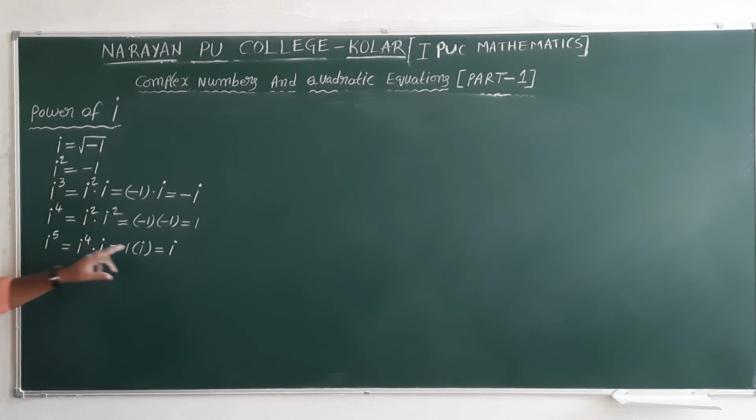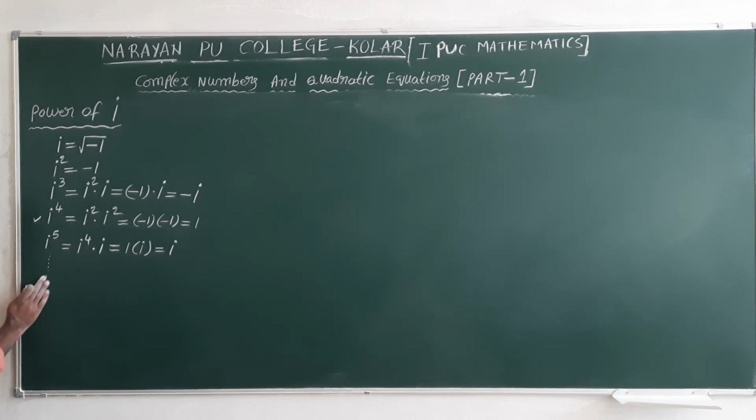So i power 5 is i. Next, i power 6 we get minus 1. It will repeat like this and so on. If we know the values clearly up to i power 4, we can calculate further.